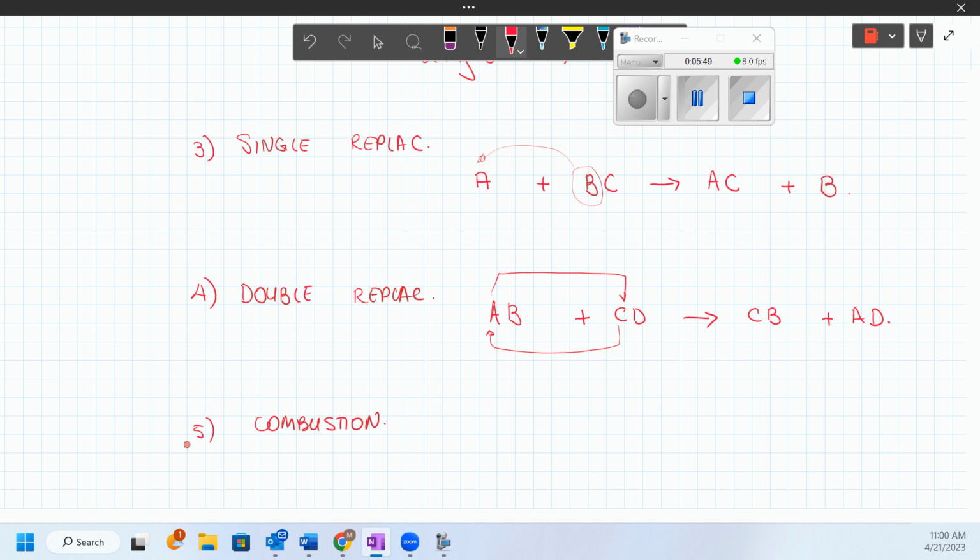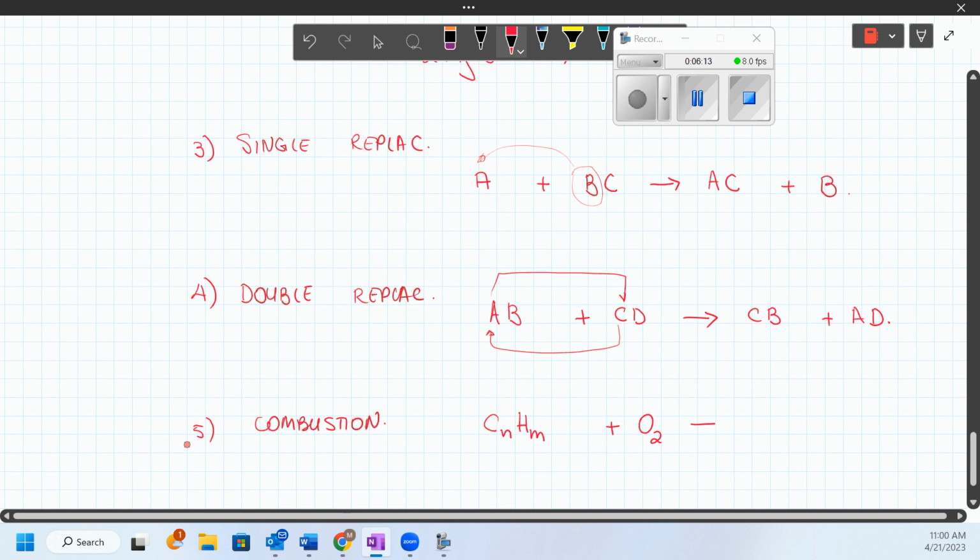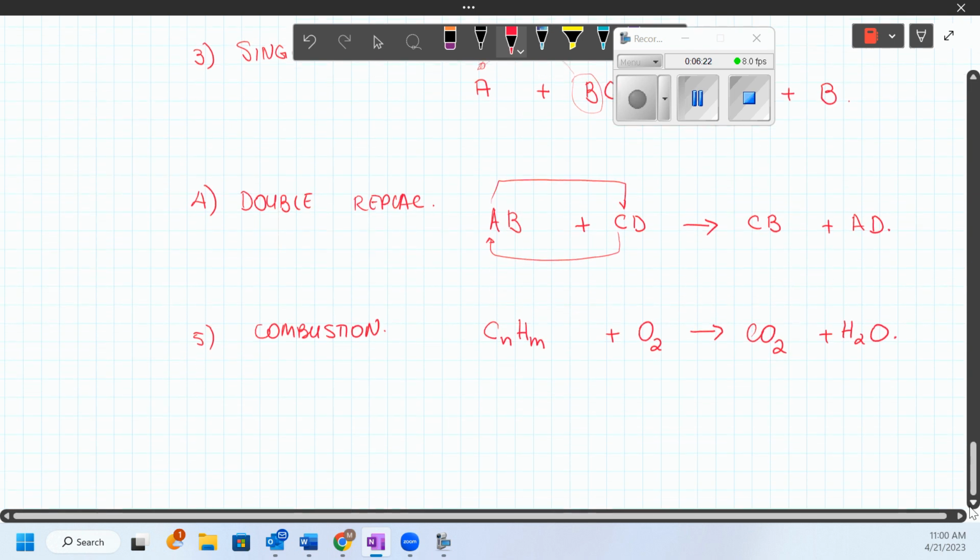A hydrocarbon compound, in general form, is C with a number 1, 2, 3, 4, 5, whatever, and H with another number, reacting with oxygen to form carbon dioxide and water. And this is known as the complete combustion, where carbon dioxide is formed.